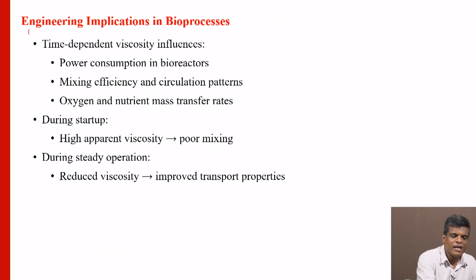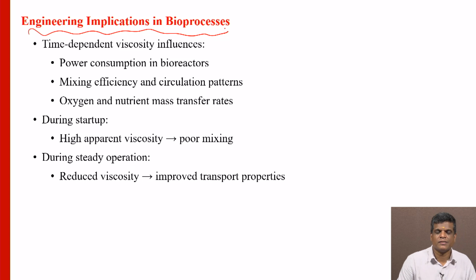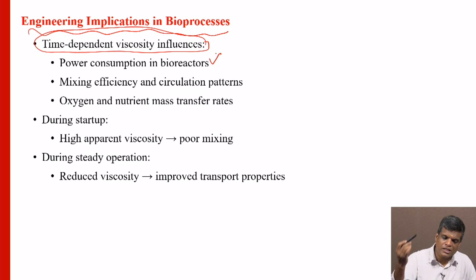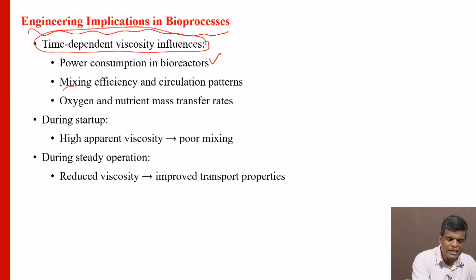So what are the engineering implications in bioprocess? The time dependent viscosity influences, of course, the power consumption in the bioreactor. We always discuss power consumption in the bioreactor, and definitely it is influenced, because we need more thorough knowledge of how the viscosity behaves, whether it's a Newtonian or non-Newtonian fluid. Then it will influence the mixing efficiency and the circulation pattern also.